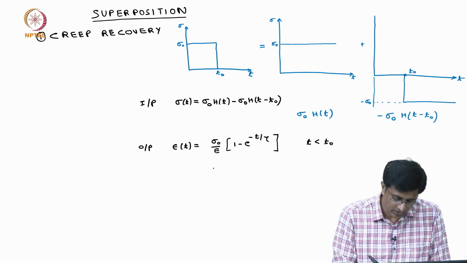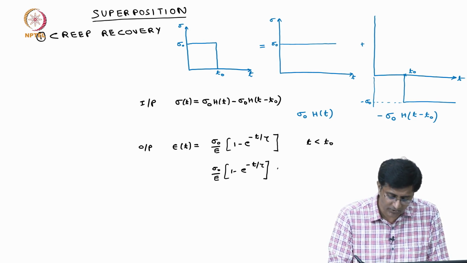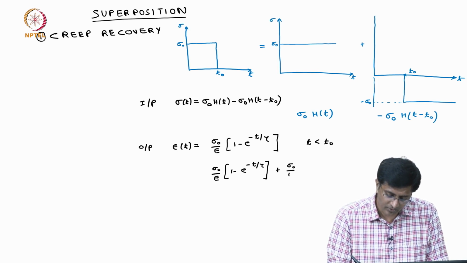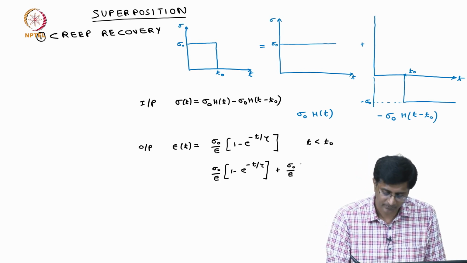So, it will be the first creep response, which is again the same, and for this we need to add the second creep response, where we simply replace t with t minus t naught.